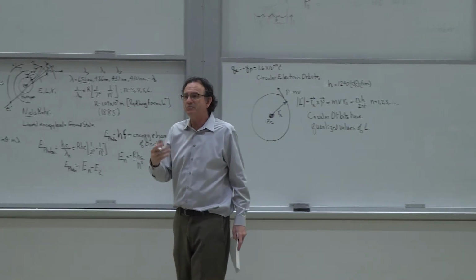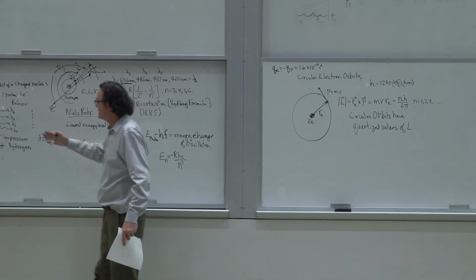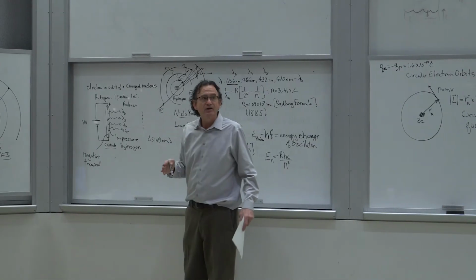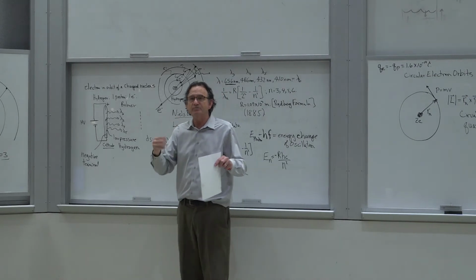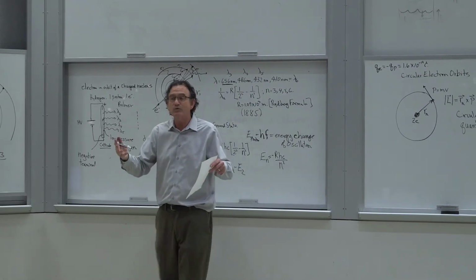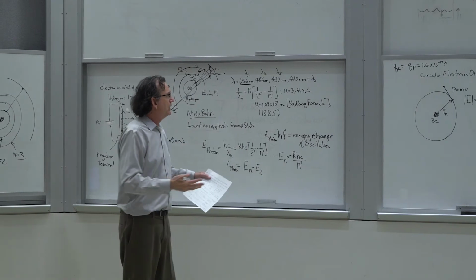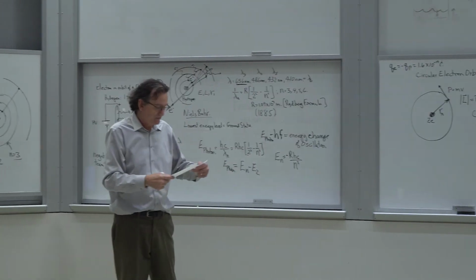And quantization is important because there are only 4 wavelengths that come out of here, and you've got to be able to predict those wavelengths based on a model if you want to understand what's going on. And so his model looks like this.